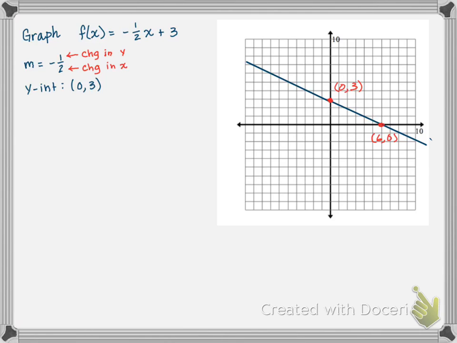So what can you tell me about the y-intercept? So any point on the y-axis, what's the same about any point on the y-axis? Not just for this line, but any point. What do all those points have in common? Yeah, the x-coordinate is 0, right?